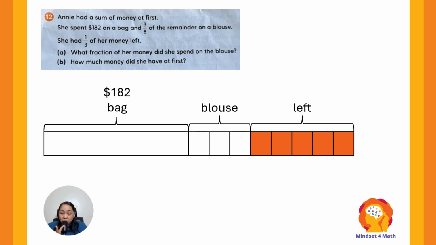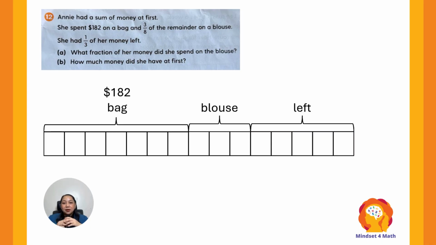So that means if 5 units is equal to a third, then the whole thing, which is 3/3, would mean how many units? 3 times 5 would be 15. So if the whole thing should be cut into 15 units, and we already have 8 units there, that's actually representing the amount of money used for the blouse and the amount of money left.